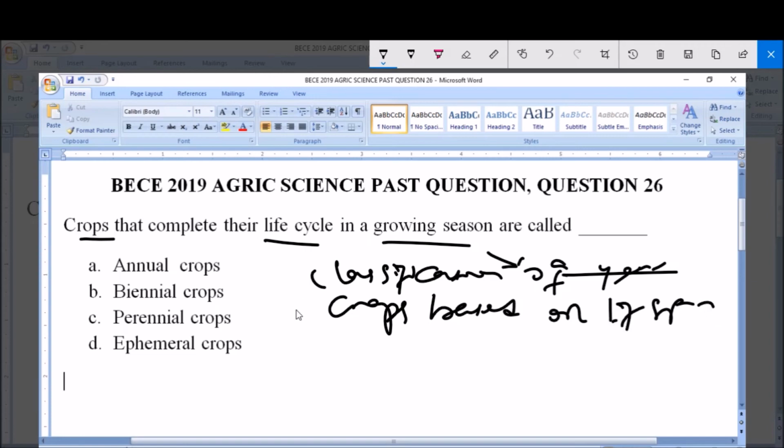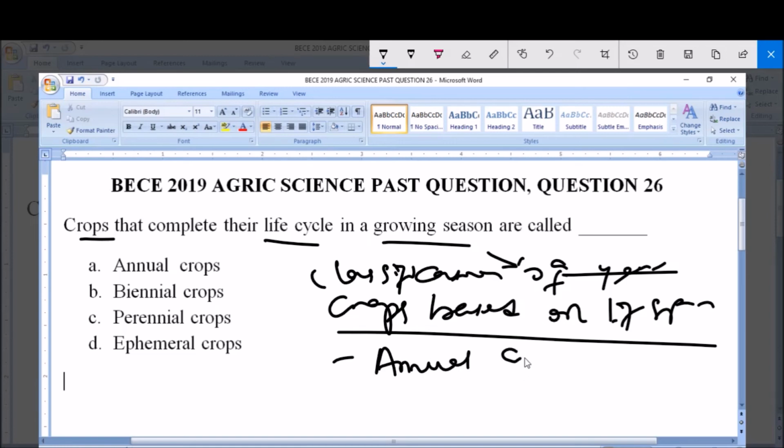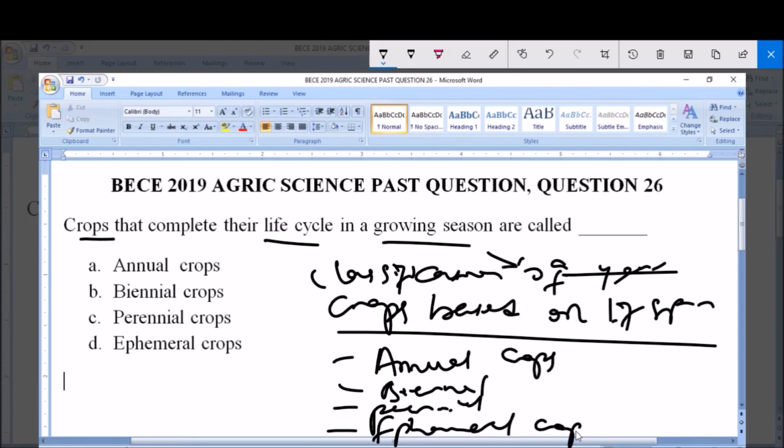And based on this classification, the crops can be classified into what? The annual crops, the biennial crops, the perennial crops, and then the ephemeral crops. Now we describe them one after the other.